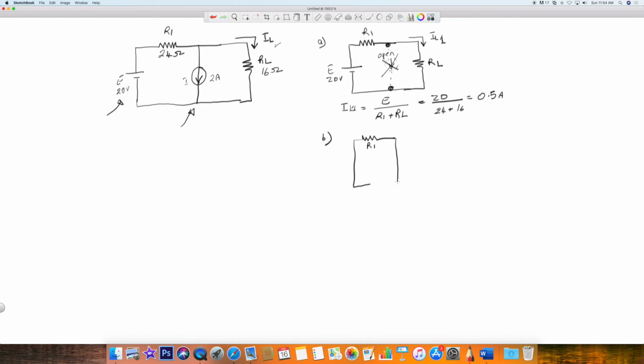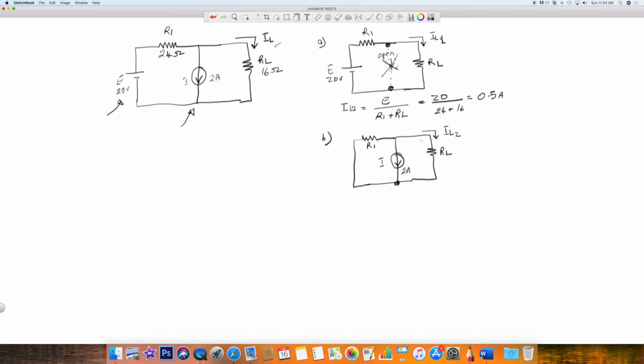Now you have a current source, and you have your RL. So this one will be your 2 amp current source. You have RL remaining here, but we're interested this time in IL2, which is the partial current that will make up IL1, and IL2 will make up IL.